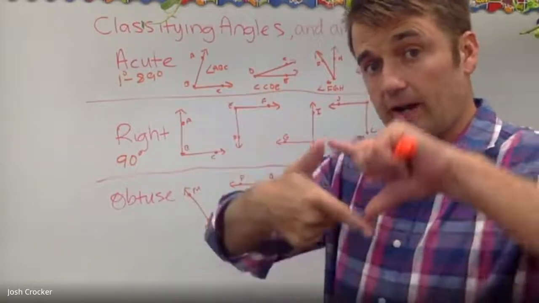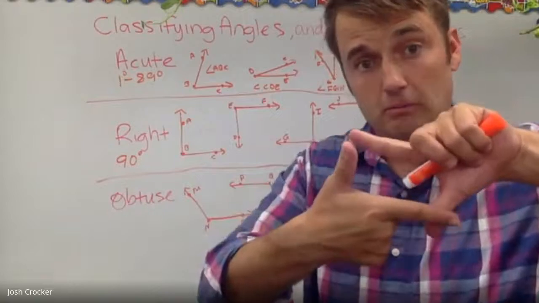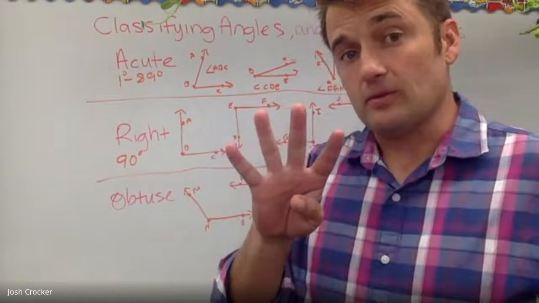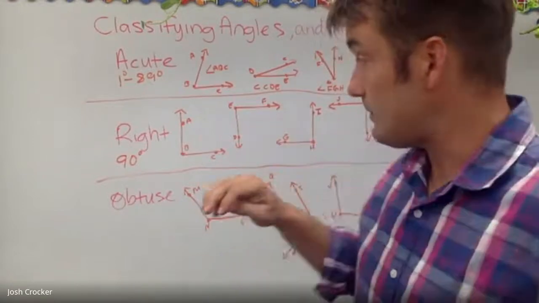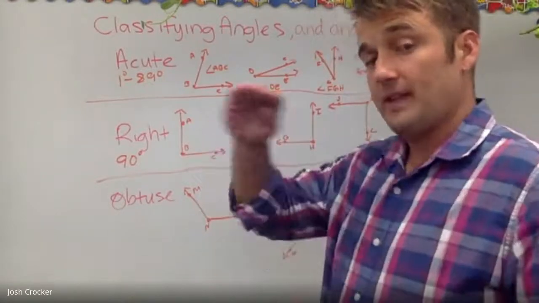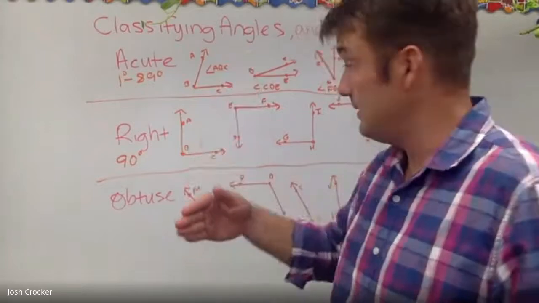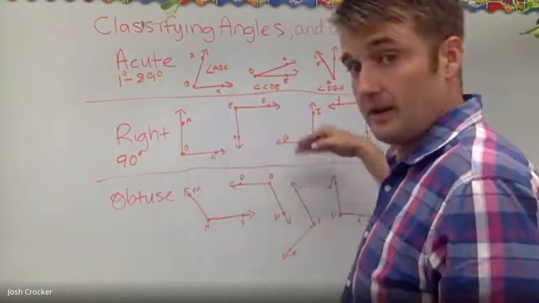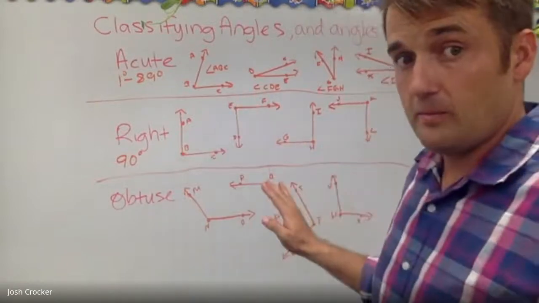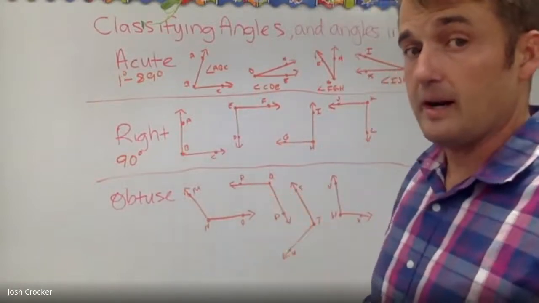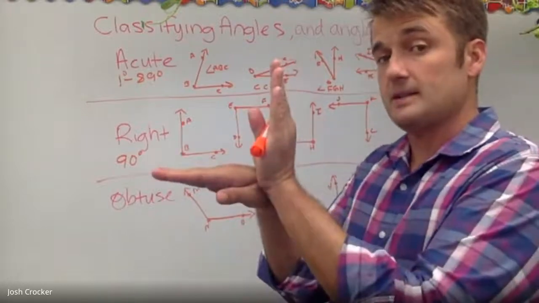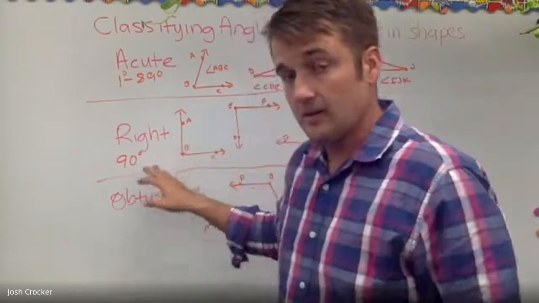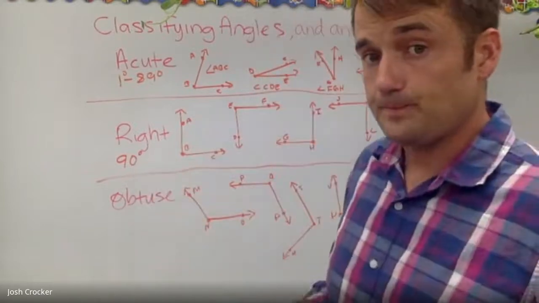A square, in fact, or a rectangle, has 4 right angles, okay? When you get that perfect L shape, and it doesn't matter again if it's turned this way or that way, that's not what we're talking about. We're talking about how wide open it is. And when it is that perfect L, 90 degrees, we call that a right angle.